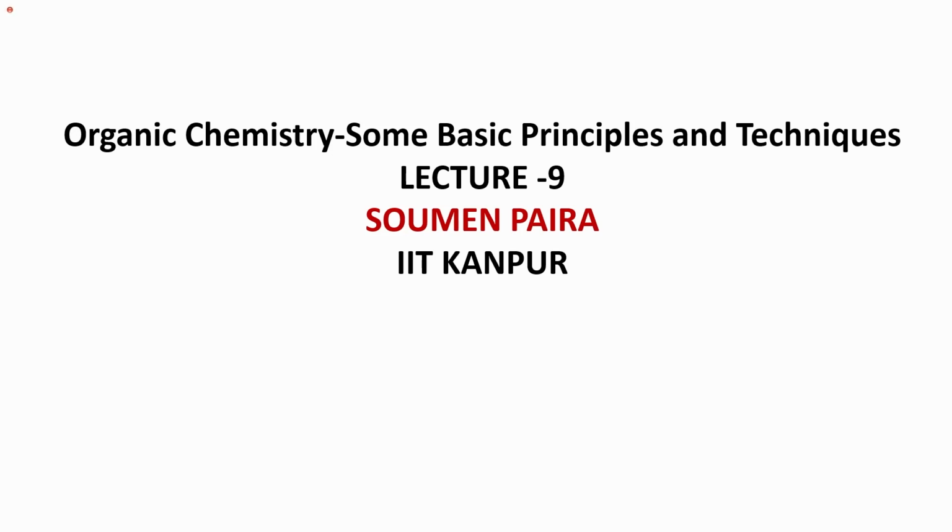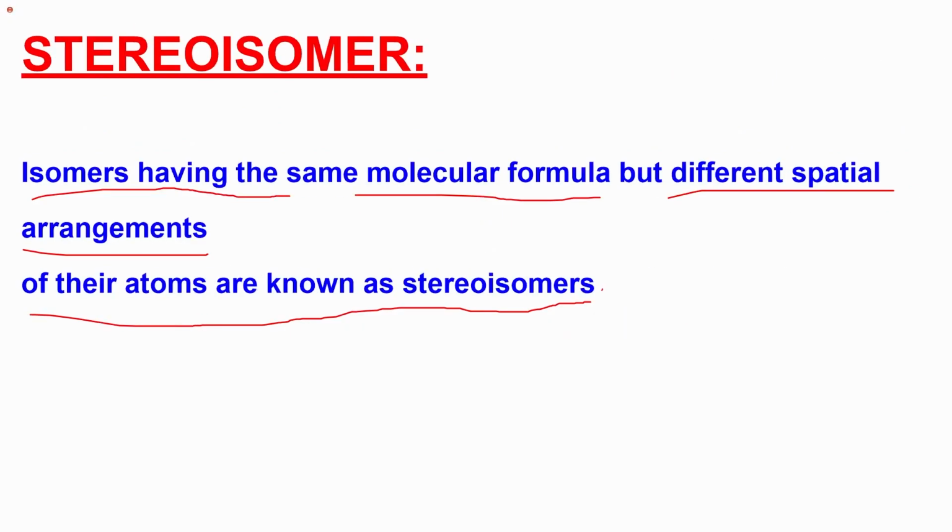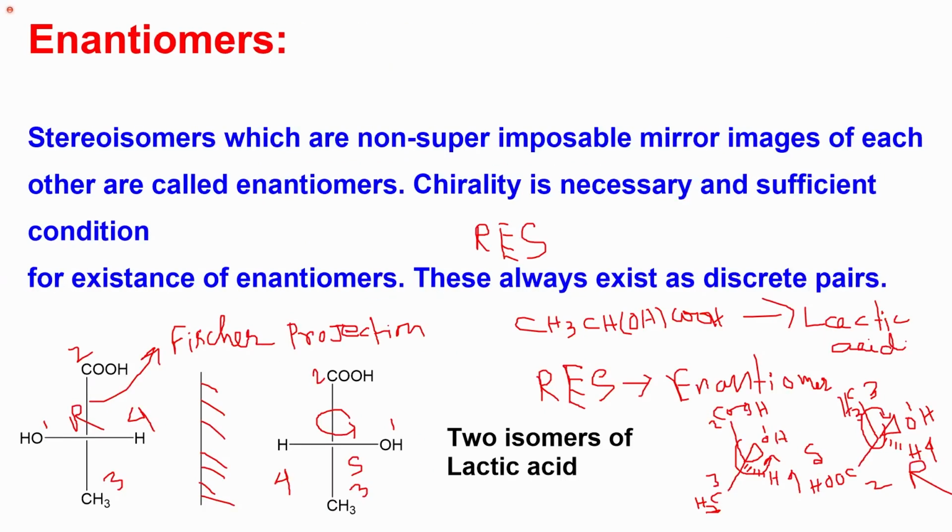In the previous class, I will go quickly through a brief discussion of the previous lectures. The previous lectures were based on stereoisomers, and among the stereoisomers there are enantiomers. How does an enantiomer look in the Fischer projection?